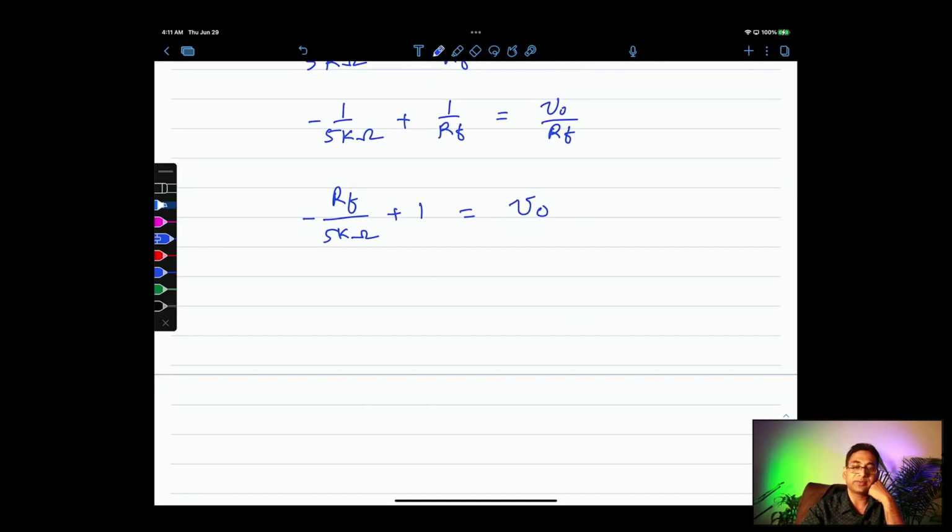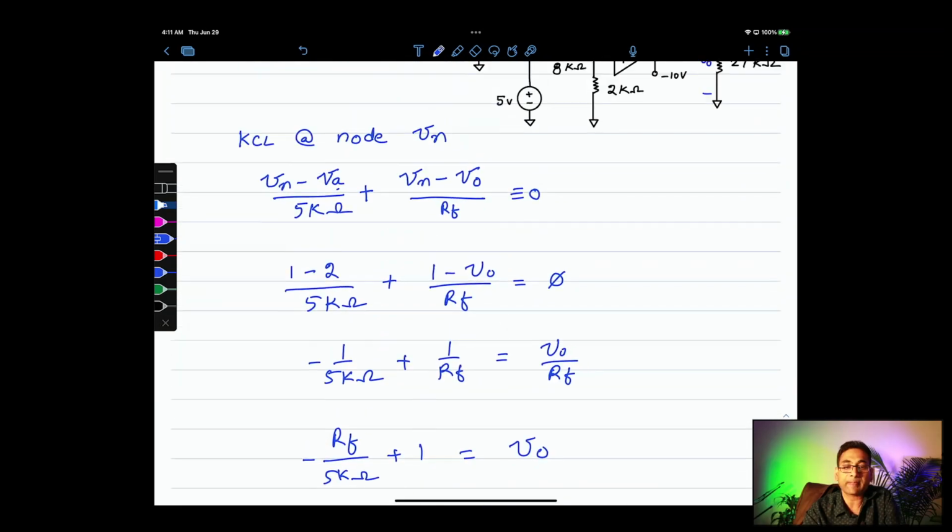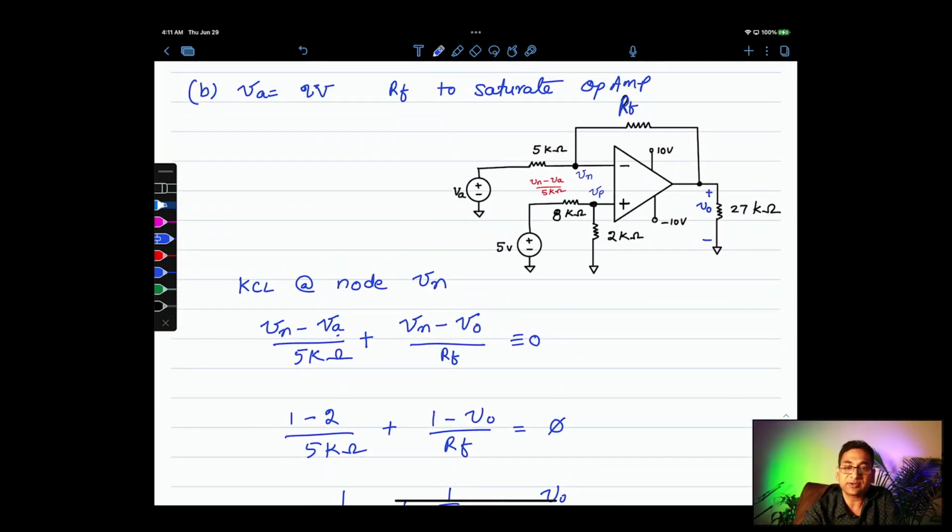Now negative RF over 5 kilo ohms plus 1. For the op amp to saturate, the V output should be negative 10 volts. That's because of negative VCC.